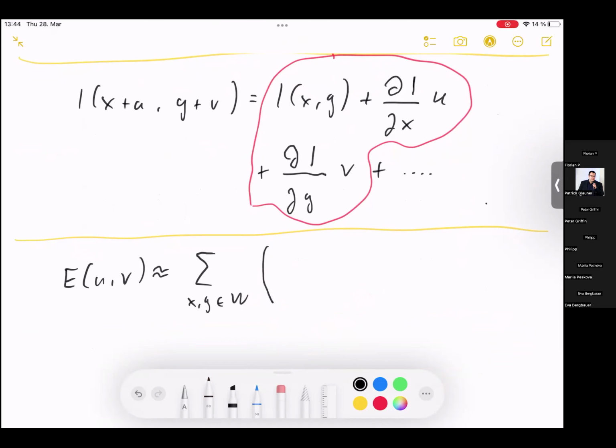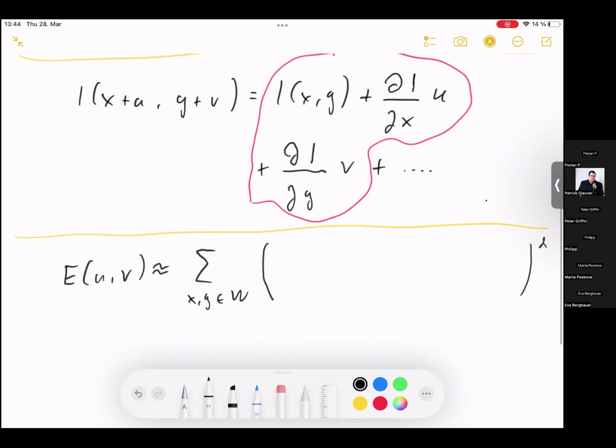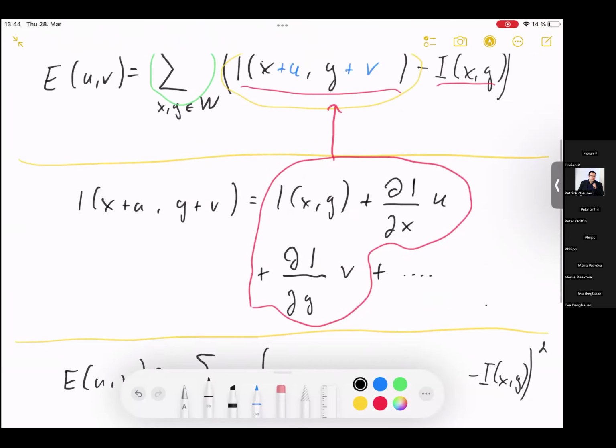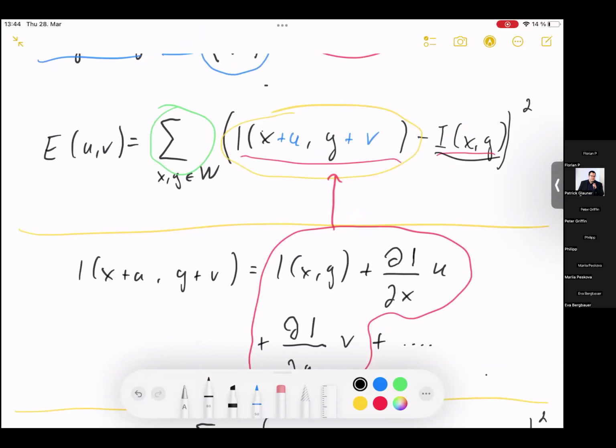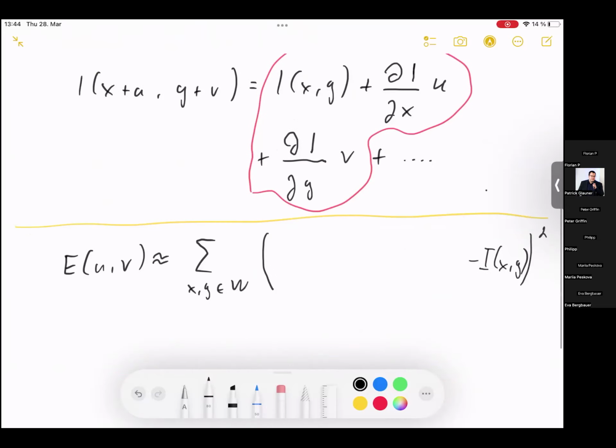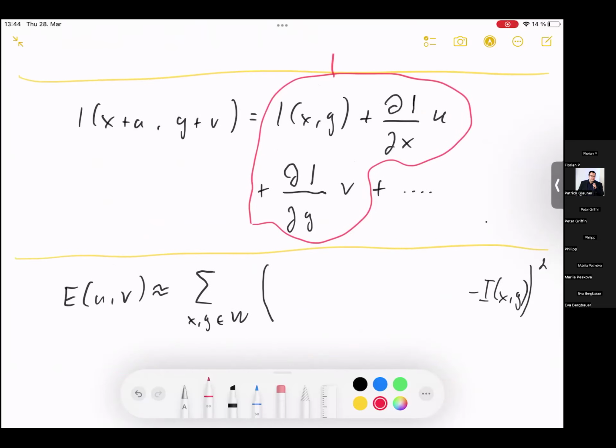And I have this error from before. One part didn't change. It's the intensity at xy. So this is just the part from before. And where I had this intensity shifted, I'm going to plug in these terms from up here.